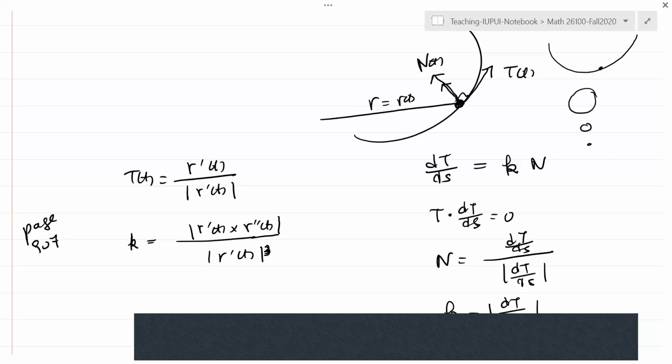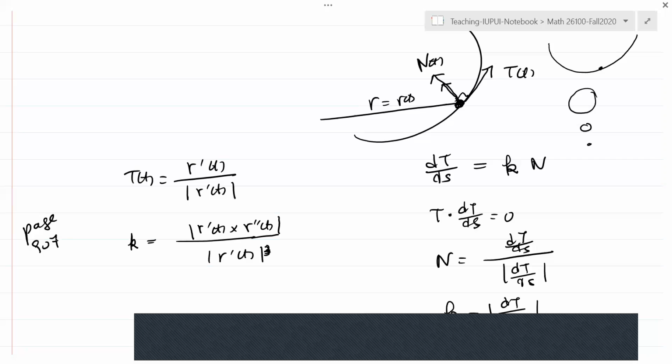You should be very careful about the parameter. Take a look at the normal vector and the binormal vector. We got this formula, and it's given in arbitrary parameter, if t is arbitrary.